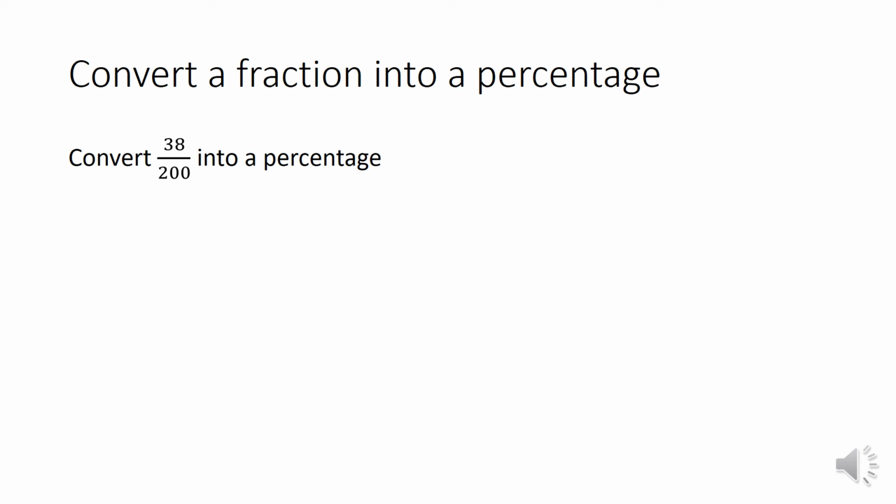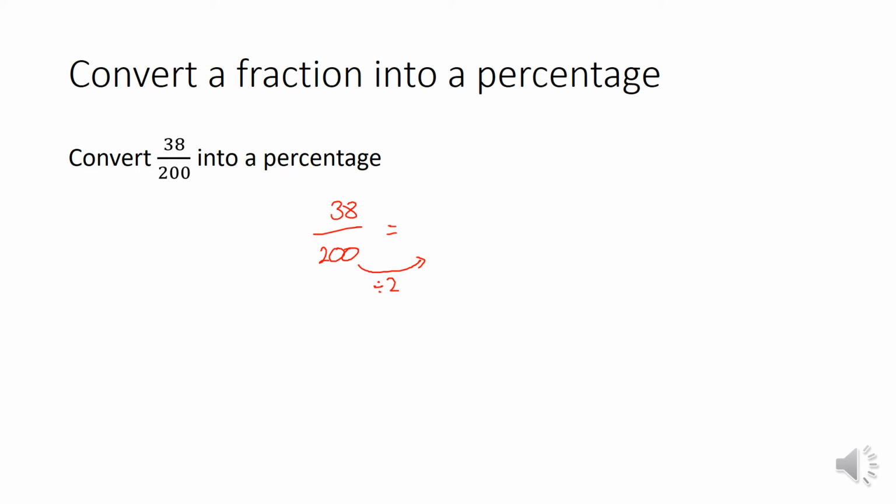Okay, 38/200ths. So this one, we can see that actually our denominator is bigger than 100. So to get it to be 100, we're going to have to divide. What can we do to 200 to get it to be 100? We can divide it by 2.